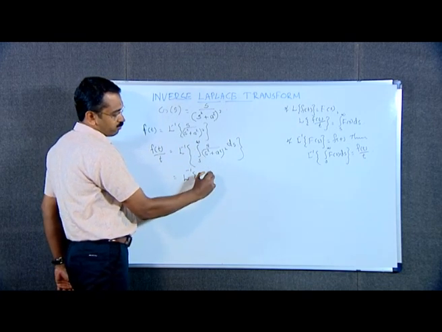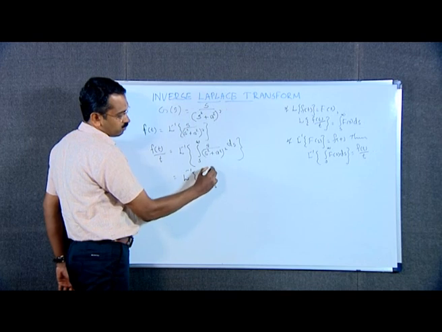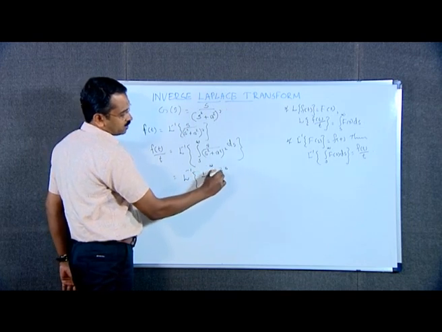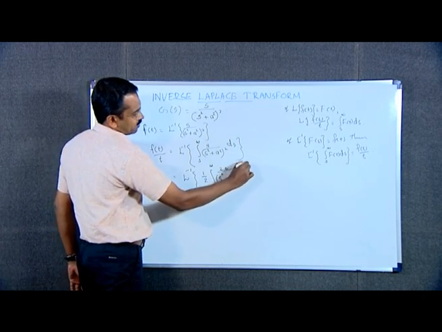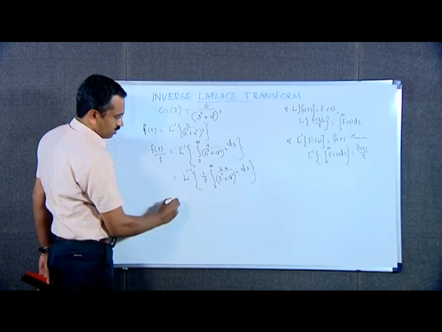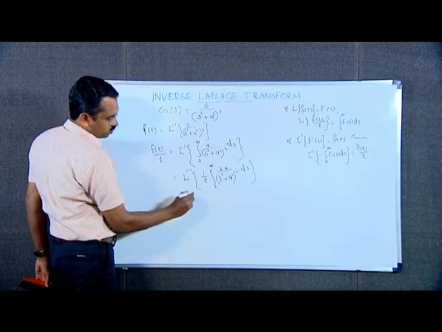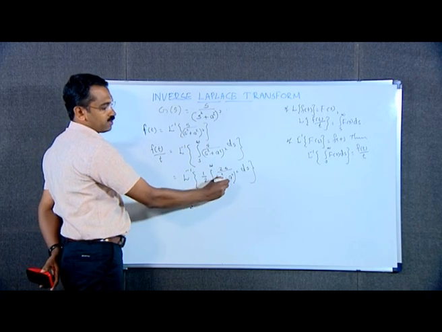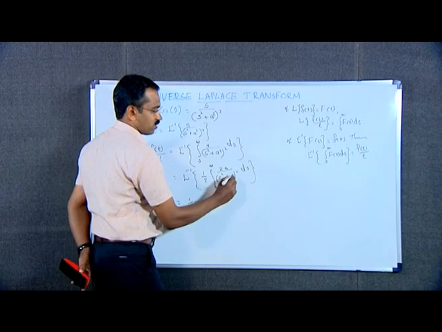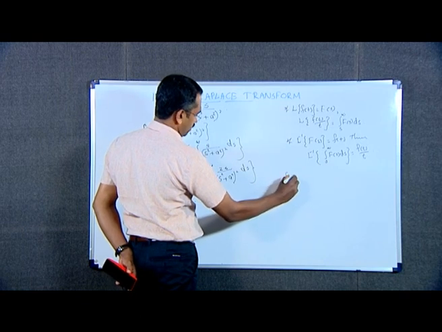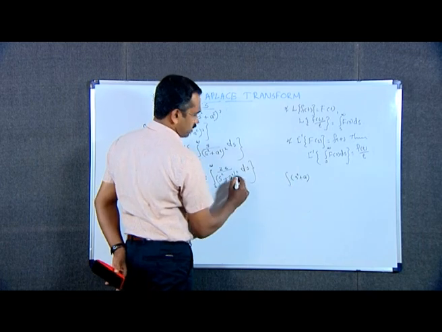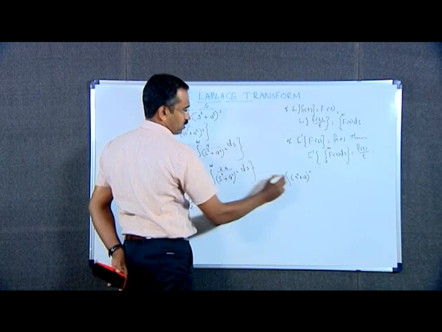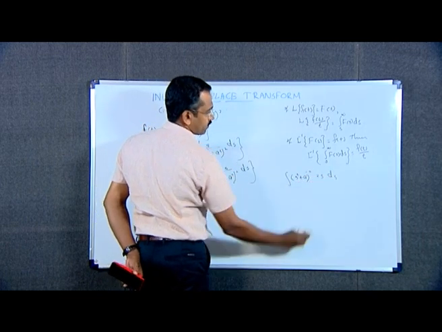Therefore, we can write this as L inverse of 1 by 2 into integral s to infinity 2s divided by s square plus a square the whole square ds. This is equal to 1 by 2 into integral 2s divided by s square plus a square the whole square, means integral s square plus a square raised to minus 2, 2s ds.